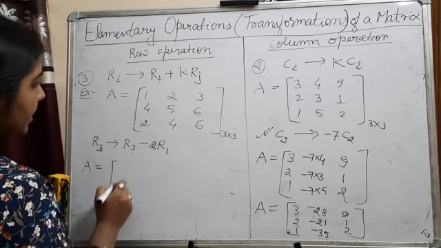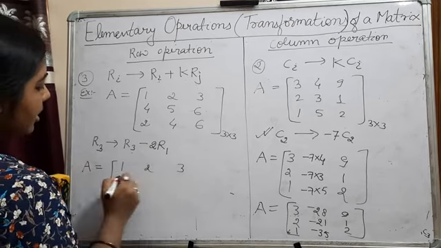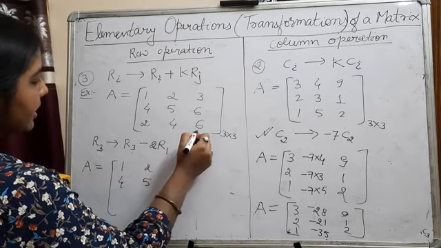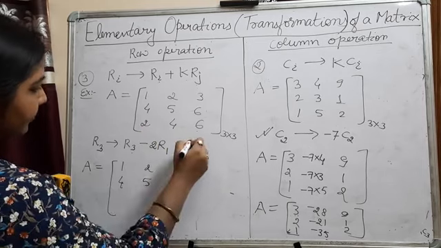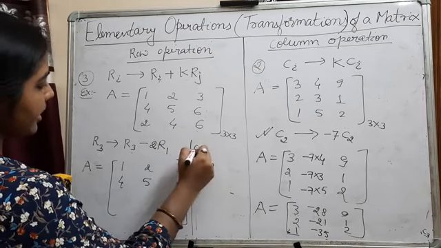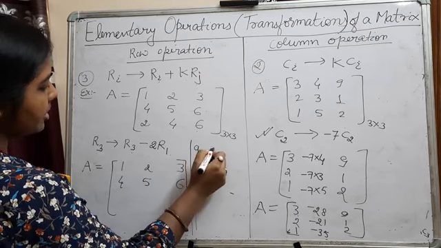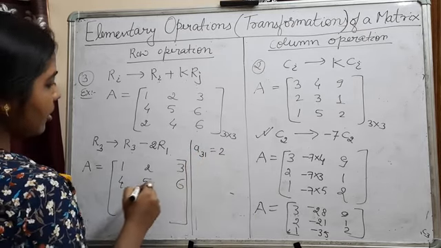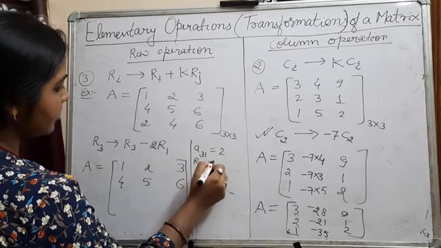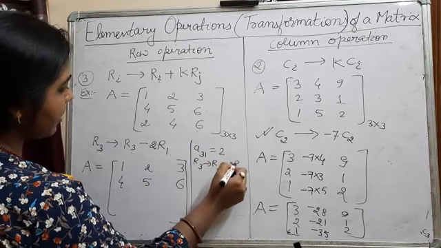So we are getting here 1, 2, 3, then 4, 5, 6. It will change in R3. We will calculate one by one. This is the 3,1 position, that is 2. It is written here R3 tends to R3 minus 2 R1.